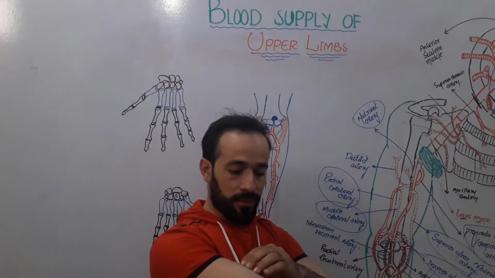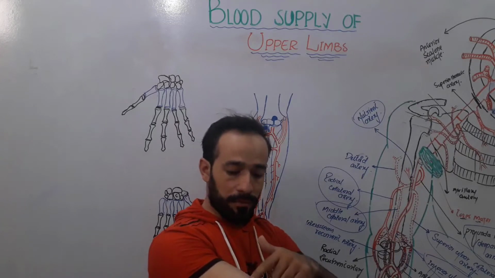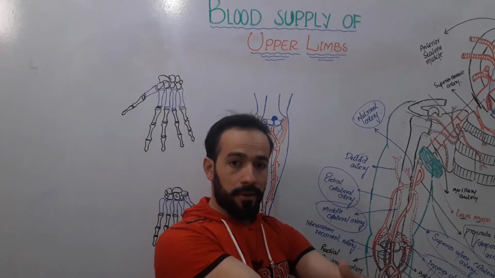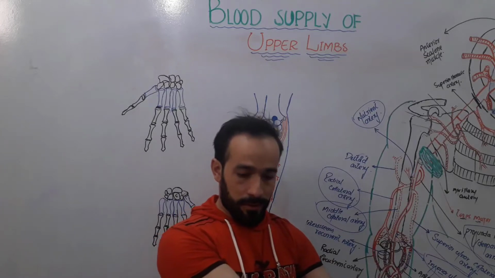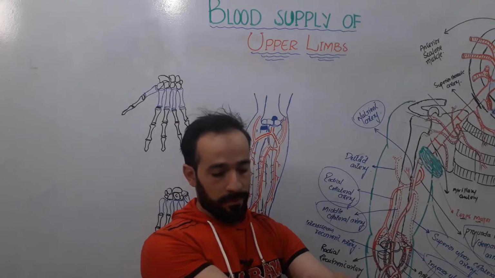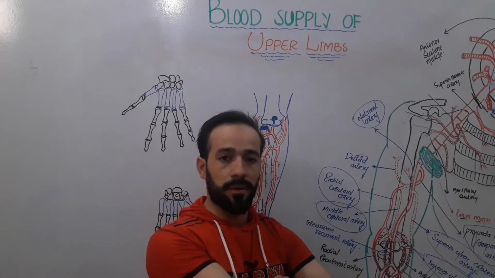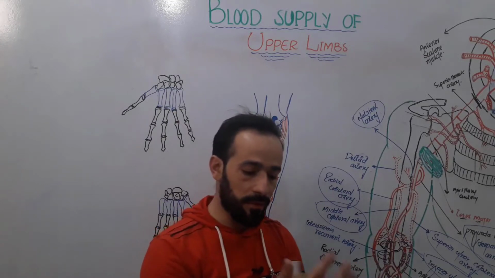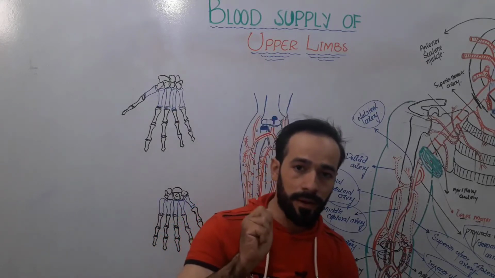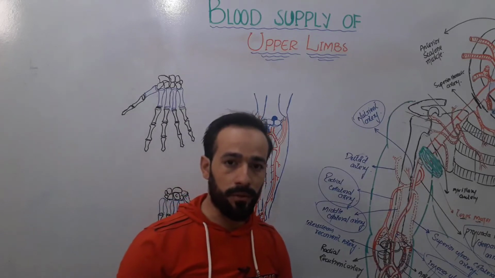The first two branches are the terminal branches of the brachial artery, which are the radial artery and ulnar artery, right? So we will see the branches and blood supply of the radial artery, then the branches of the ulnar artery, and then we will move towards our hand, right? So let's discuss before moving to our lecture.